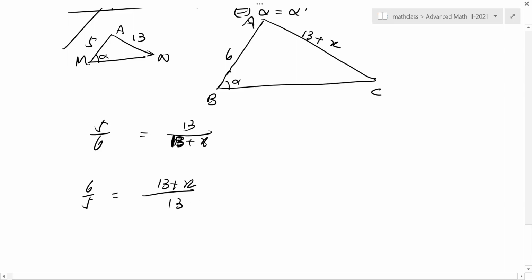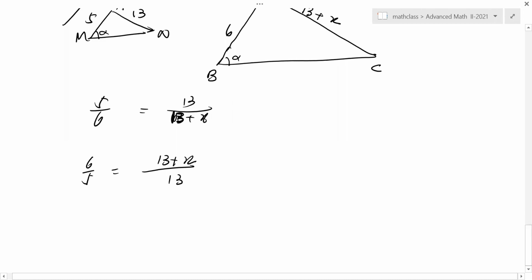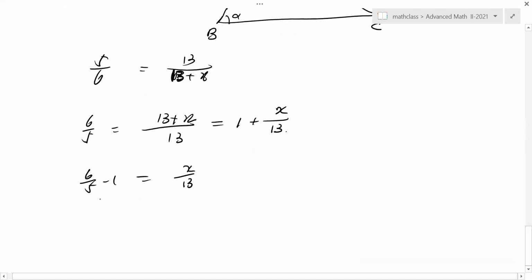Okay. I prefer to use it like that: 13 over 13 is 1, and X over 13. Then I move 1 to the left side, and 6 minus 5 is 1. Then X is going to be 13 over 5.